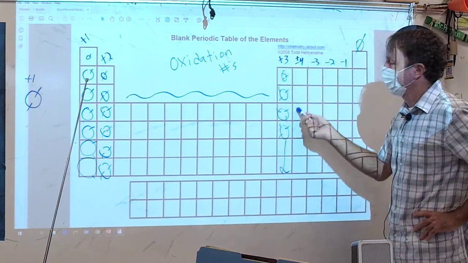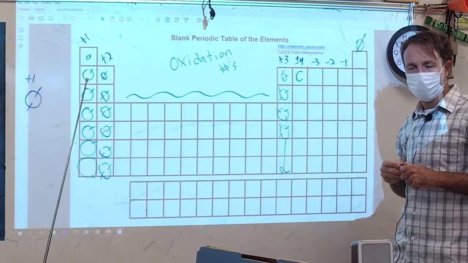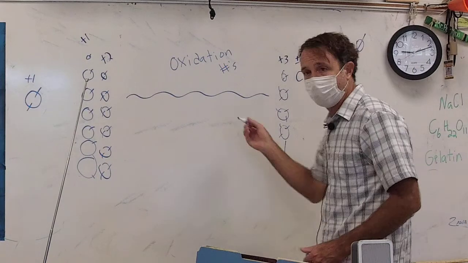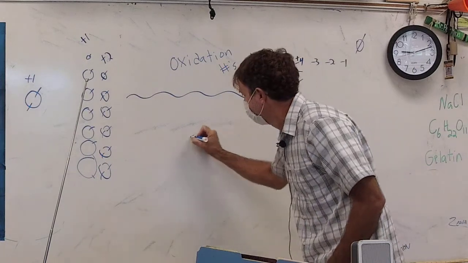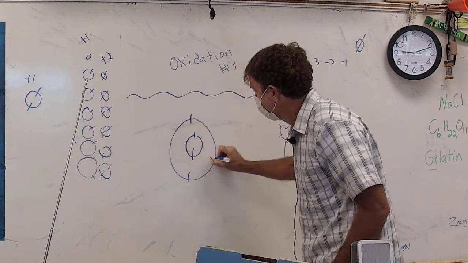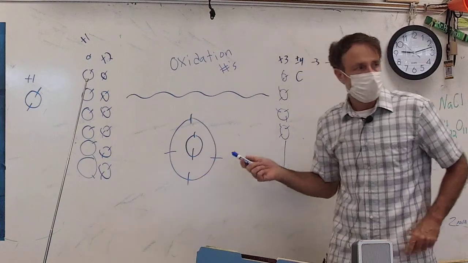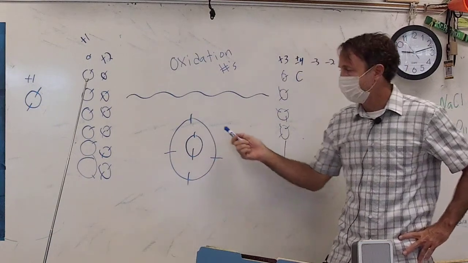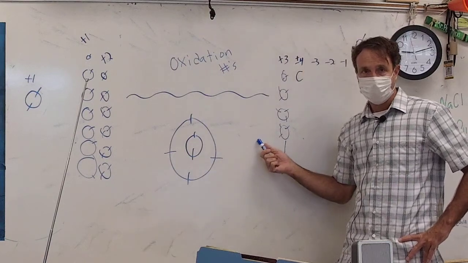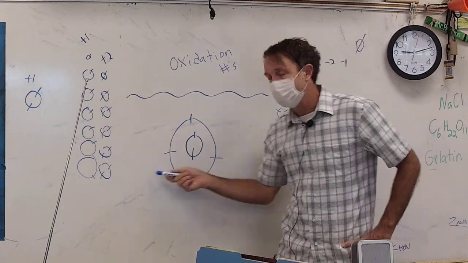Now we're right here in the magic. These guys, the carbon group, we need to think a little more about. Let's draw a carbon atom right here in the middle of the periodic table. 1, 2. 1, 2, 3, 4. Is this carbon atom more likely to gain 4 electrons and get up to the number 8, or is it more likely to lose 4 electrons and lose the shell?